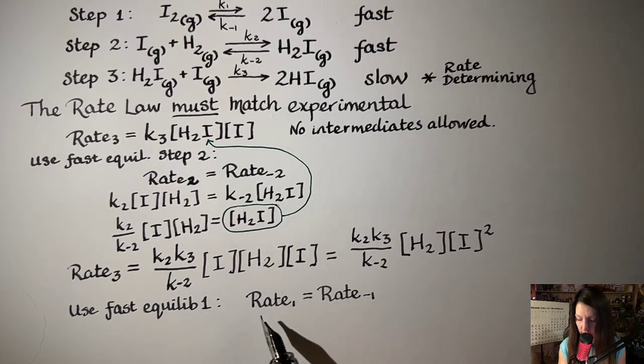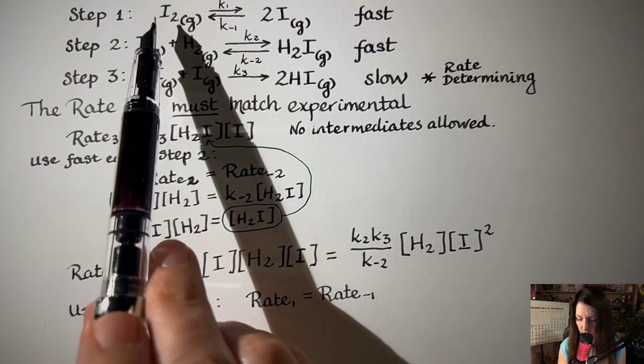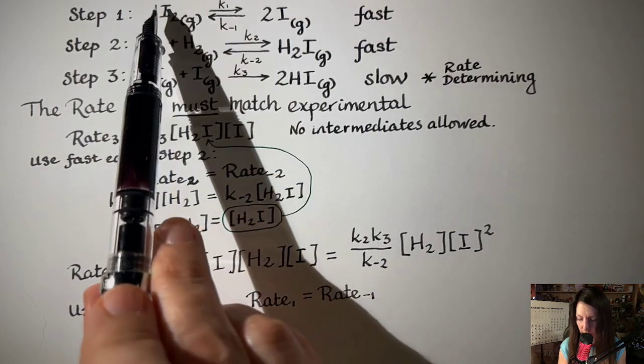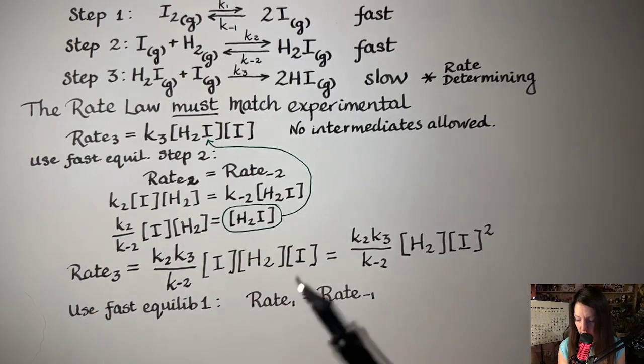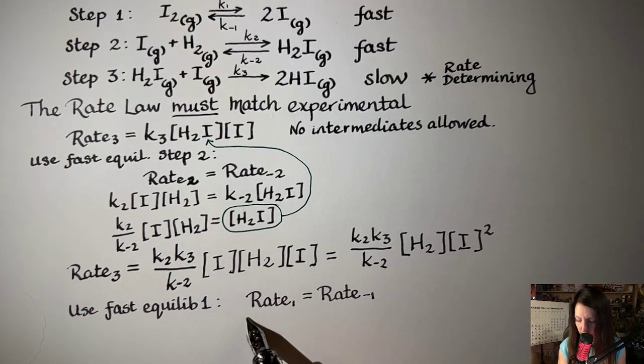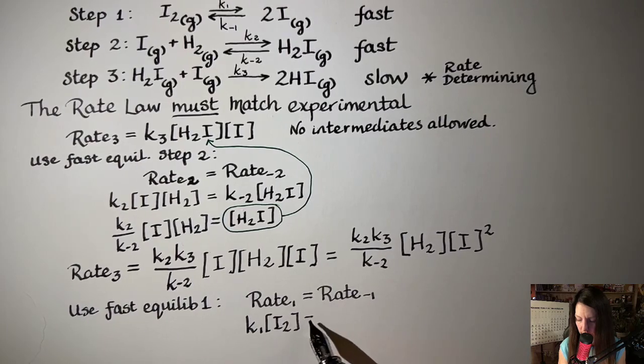And if we write out, how would we write the rate law? According to step 1, it would be K1 times the concentration of those reactants, which in this case is the I2 molecule. And then what about the reverse?